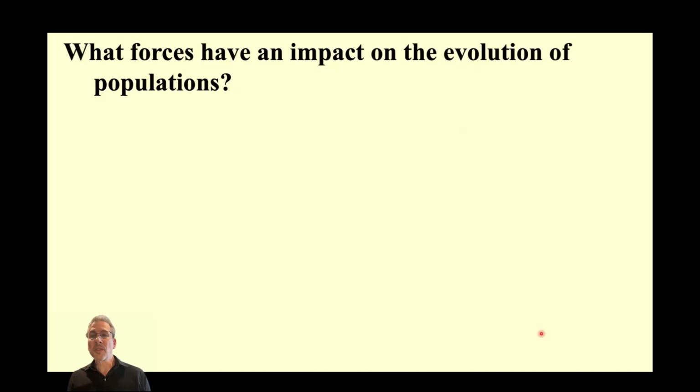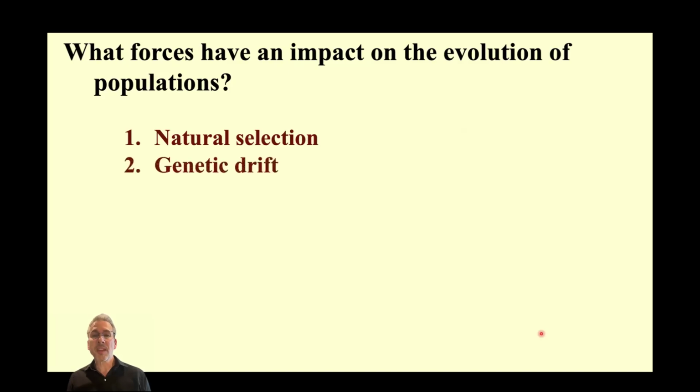So we just went through and said, okay, if conditions are met, we have a population that's not evolving. It gives us a kind of yardstick, a way to measure the extent of evolution that might be occurring in natural populations. So what are some of the forces that can actually have an impact on the evolution of populations? Well, these are essentially the reverse of the Hardy-Weinberg assumptions.